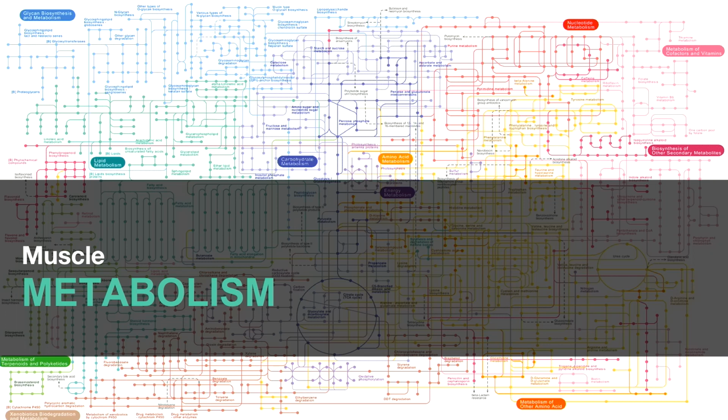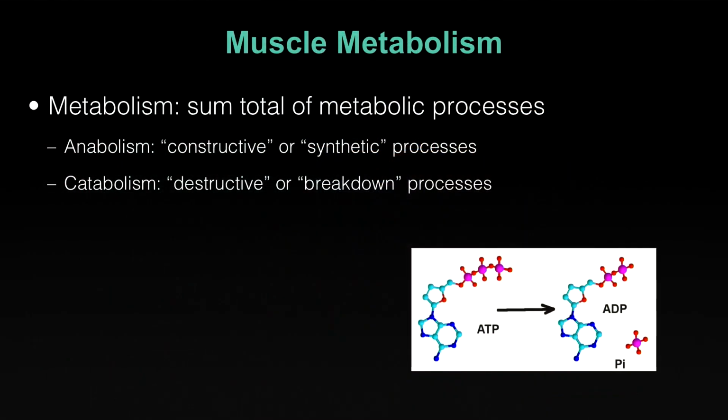We've got glycolysis in the middle, fatty acid biosynthesis, protein breakdown, making nucleotides. The mitochondria are way down here. There's oxidative phosphorylation. Lots of stuff going on. Very complicated. We're going to talk about a few of these. Why do we even need to talk about metabolism? Doesn't the muscle just contract?